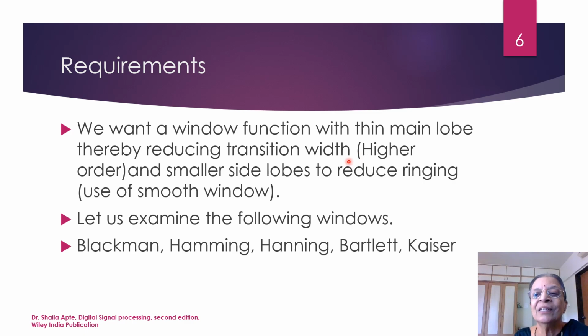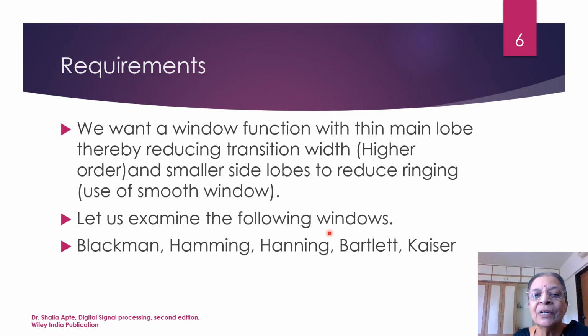So I will say that there is nothing like a free lunch. If somebody is calling you for lunch, remember that he has something in his mind. So if you want to get smaller main lobe width, the corresponding side lobe amplitude will be higher. And if you are reducing the side lobe amplitude, the transition width will also increase. So let us see how to compromise on this.